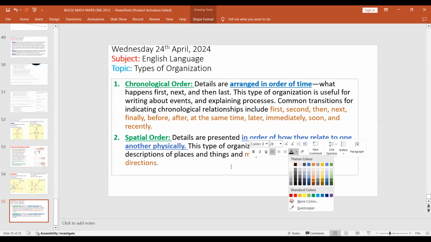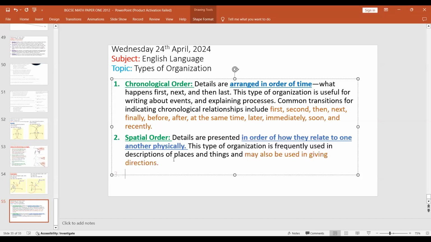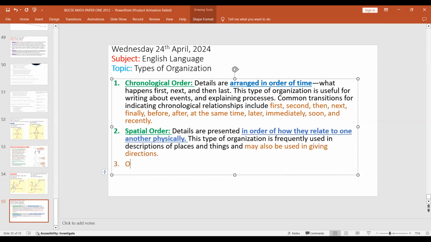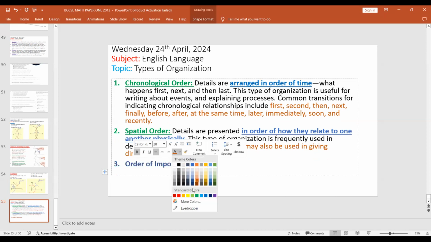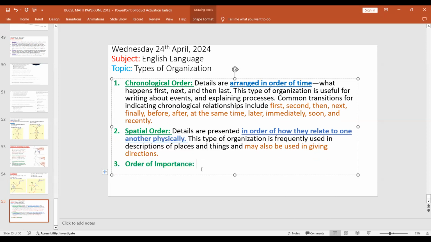Now let's talk about the third type of organization, which is organizing things in order of importance. You may want to present your most important point first, and then the second one that's not so strong, and then the third one that's not so important.